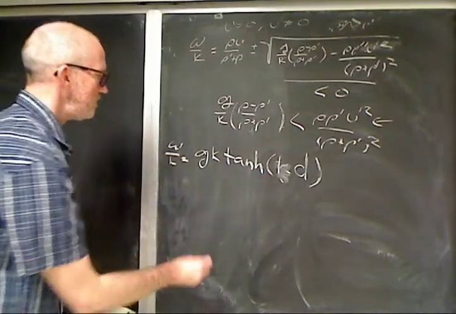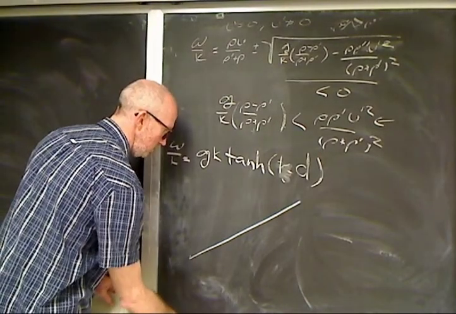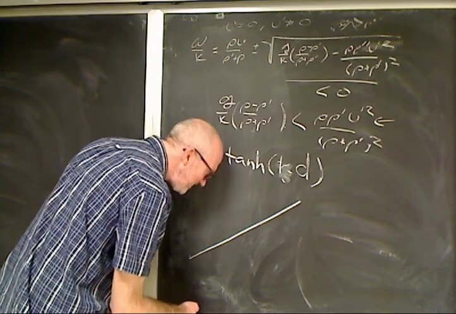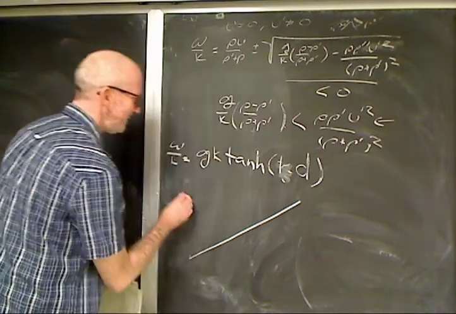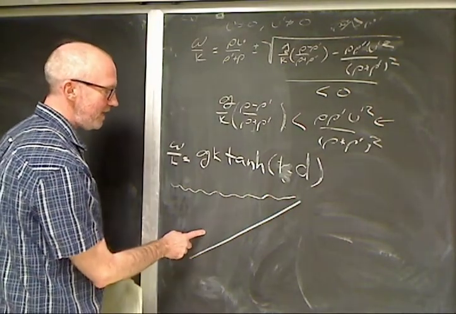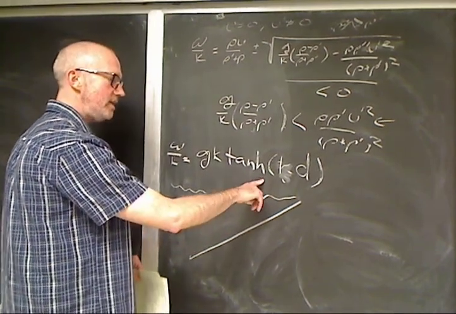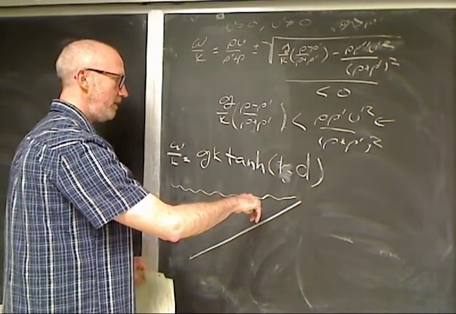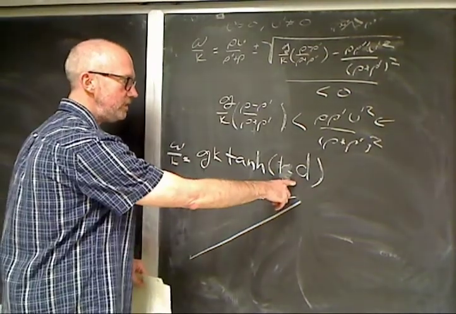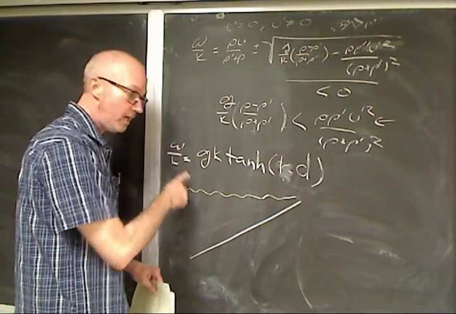Now, if you're near the ocean, near the beach, what happens as the water gets shallower? D goes down and tanh goes down, so the wave speed goes down. You follow that? So as D decreases, hyperbolic tangent decreases, my phase speed decreases as I'm going this way.